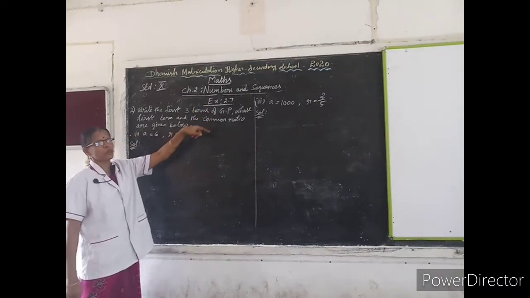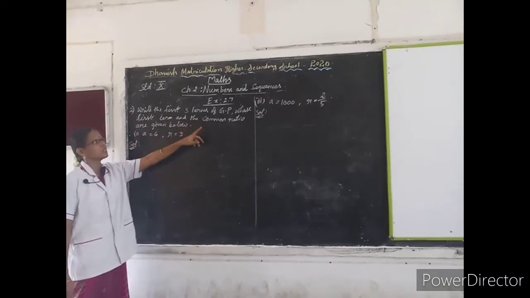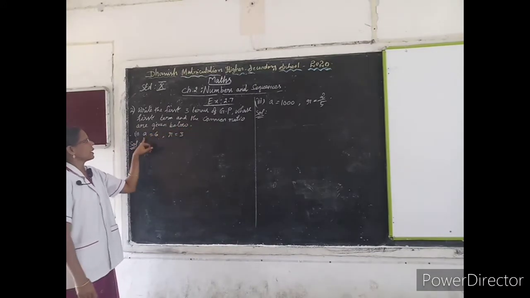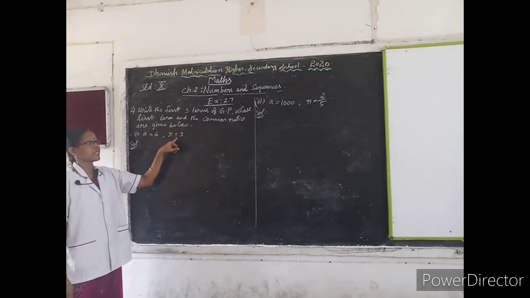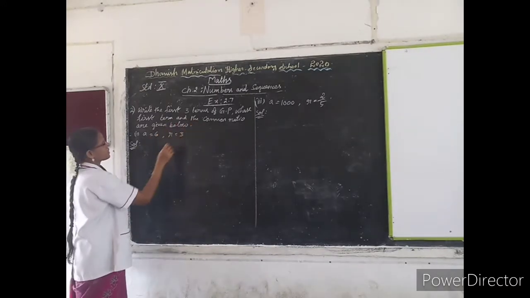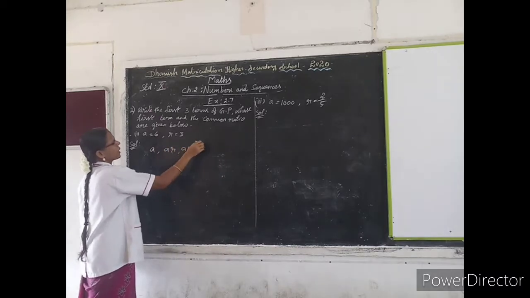Now from exercise 2.7, question number 2. Write the first 3 terms of GP whose first term and common ratio are given below. A is 6, R is equal to 3. The first 3 terms of GP are A, AR, AR square.